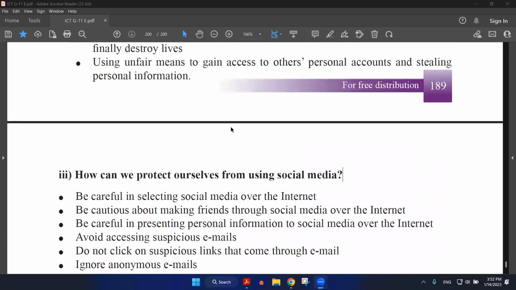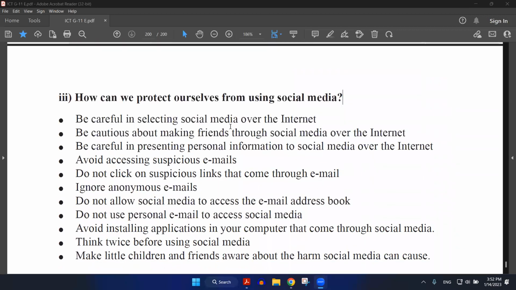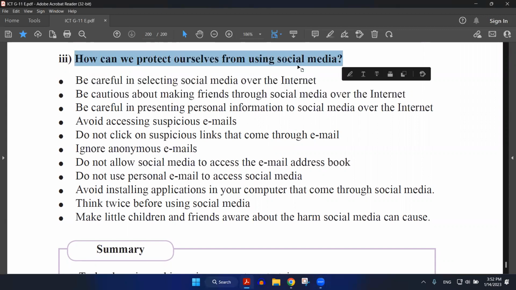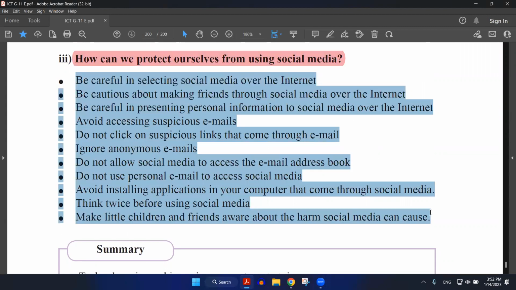So we are moving on to this, which shows how we can protect ourselves from social media. So you better write the entire stuff.